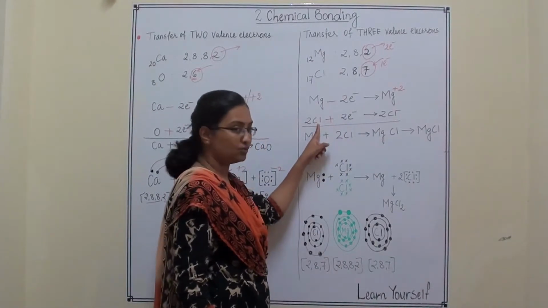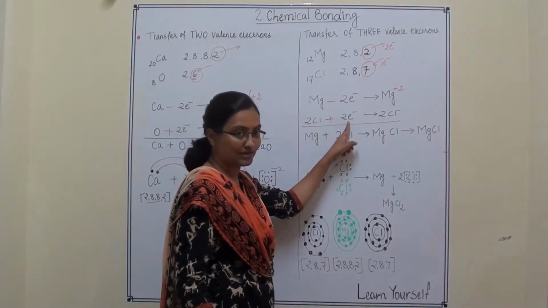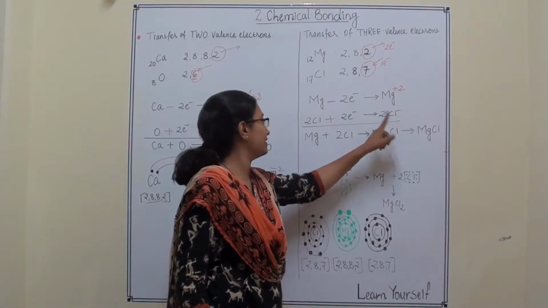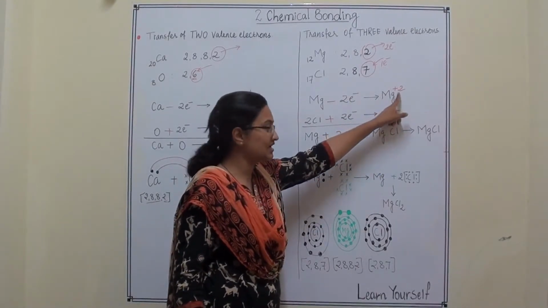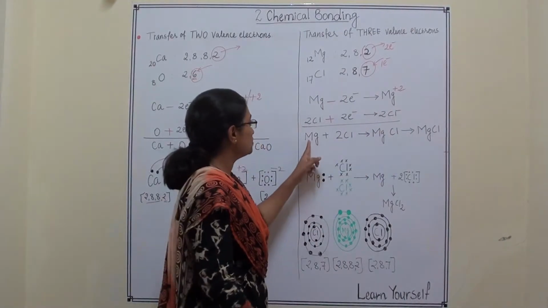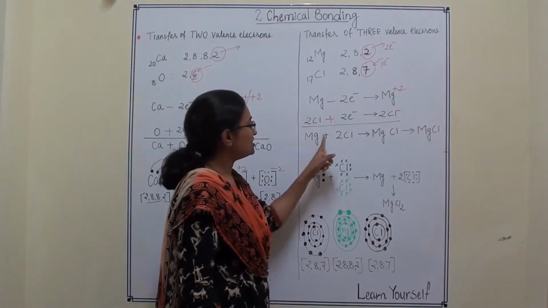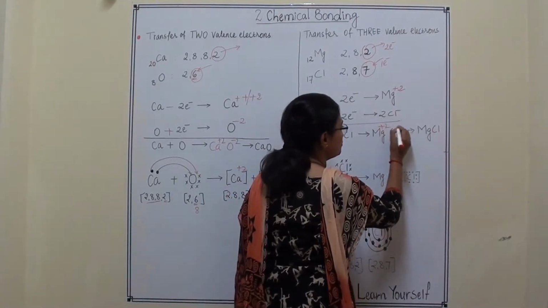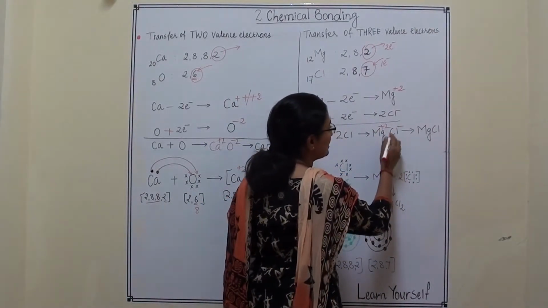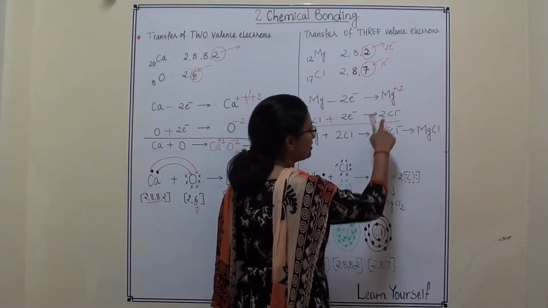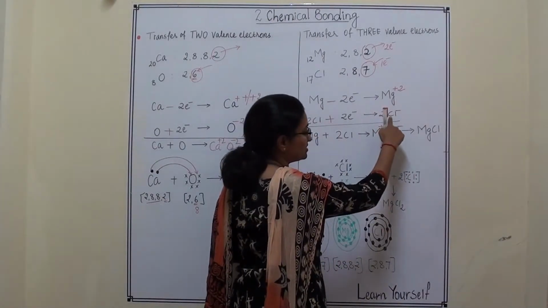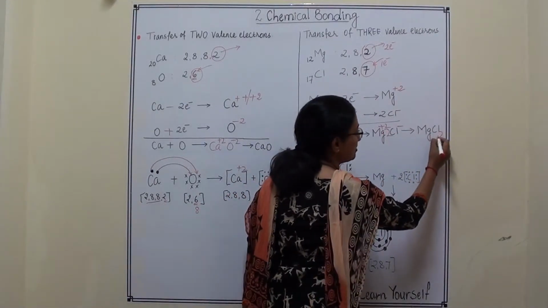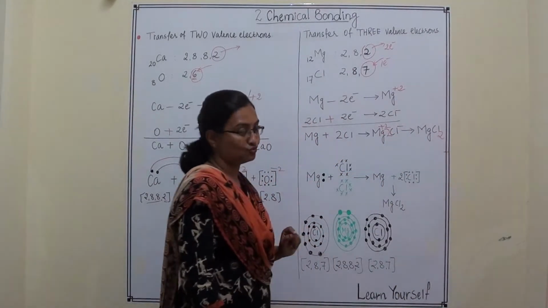This is the cation, this is the anion. So Mg plus 2 Cl minus will become MgCl2.